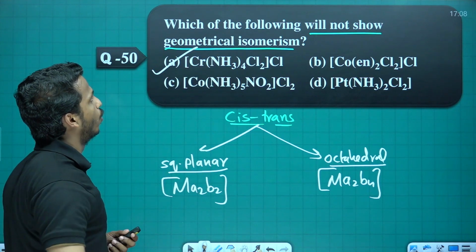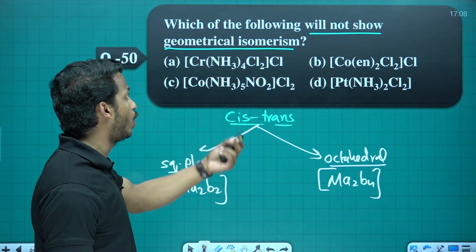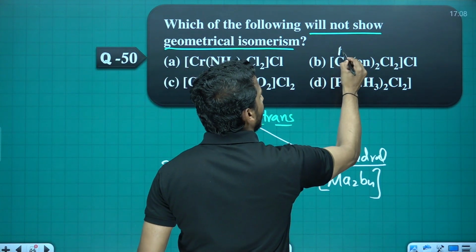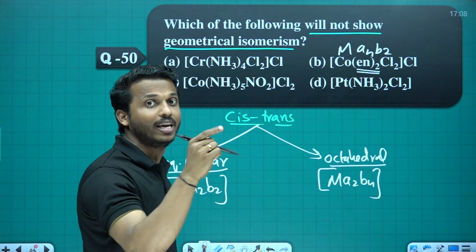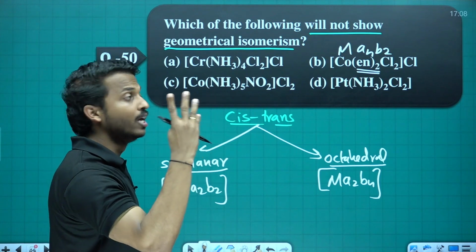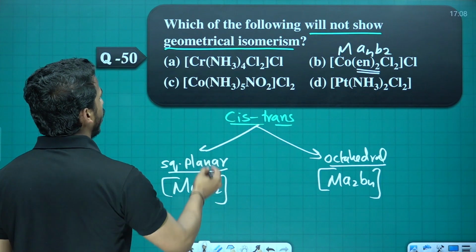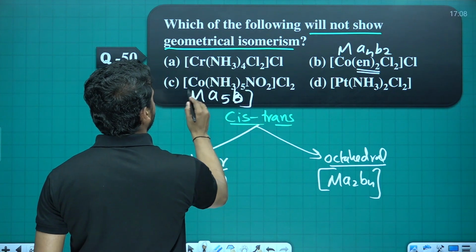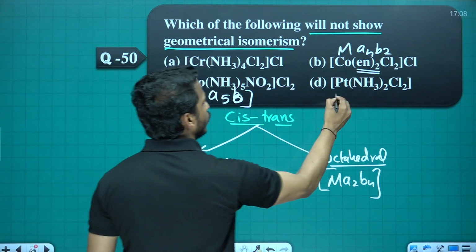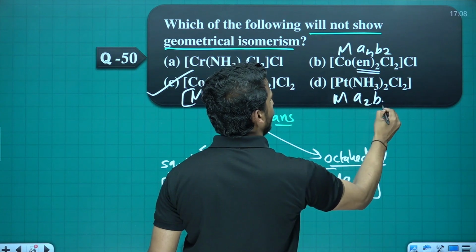Yes, this will show. But the question is which will not show? And this is a type Ma4B2. Check it all. This is En, okay? En twice means B4 because it gives 4 sites. That will show. And what is this? Ma5B. Yes. This one does not show. What about this one? This is Ma2B2 type.